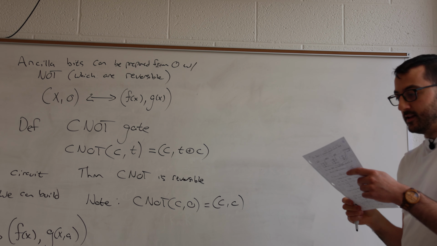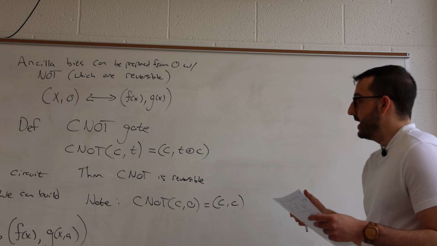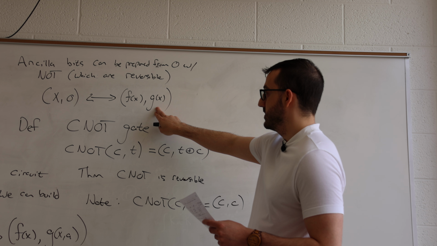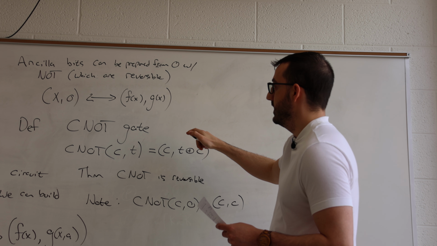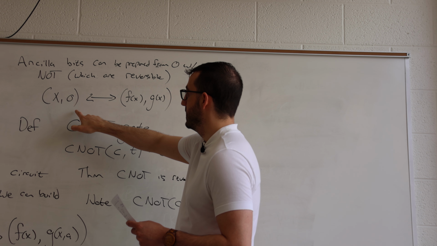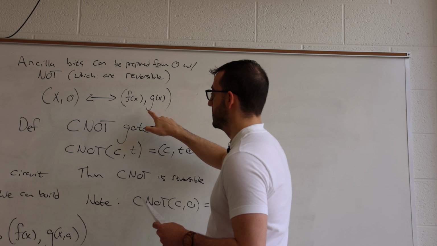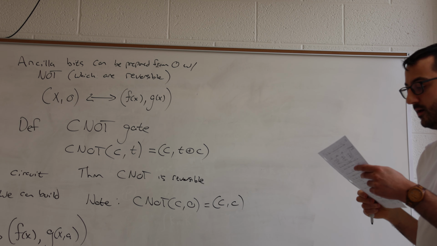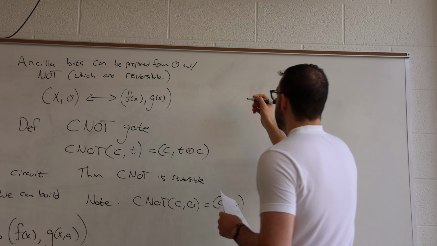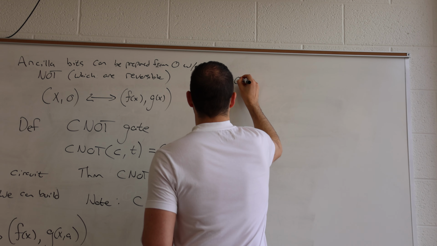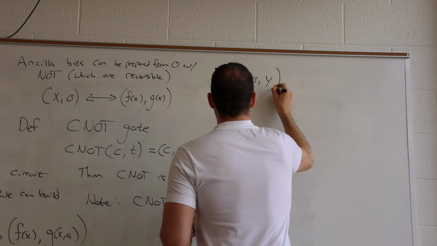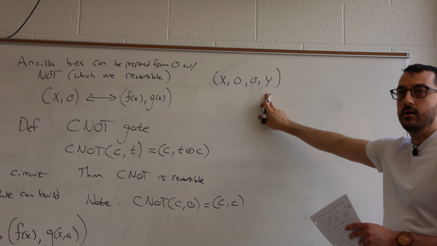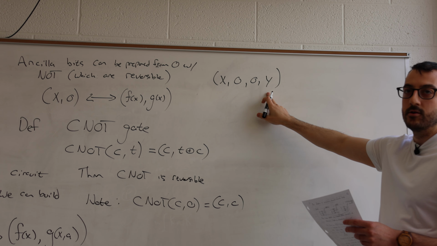So let me write that down for you. We're asking the question if it's possible to get rid of this g of x, and it is. What I'm going to think about doing is creating some other registers so I can store some additional output. So what we'll do is we'll have x, 2 registers of 0, and then some other bit y, which could either be 0 or 1.